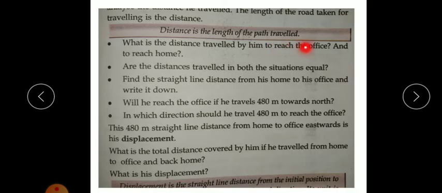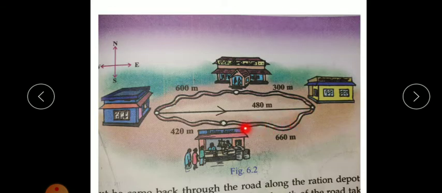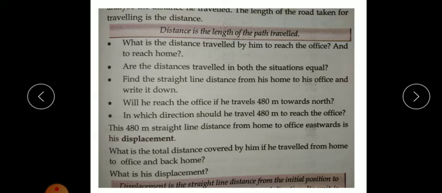Then, to reach home again from here to here, that is 660 plus 420. So add these two numbers so that you will get the answer and write here. Next question, are the distances traveled in both the situations are equal? So you have to compare both answers whether they are equal or not.